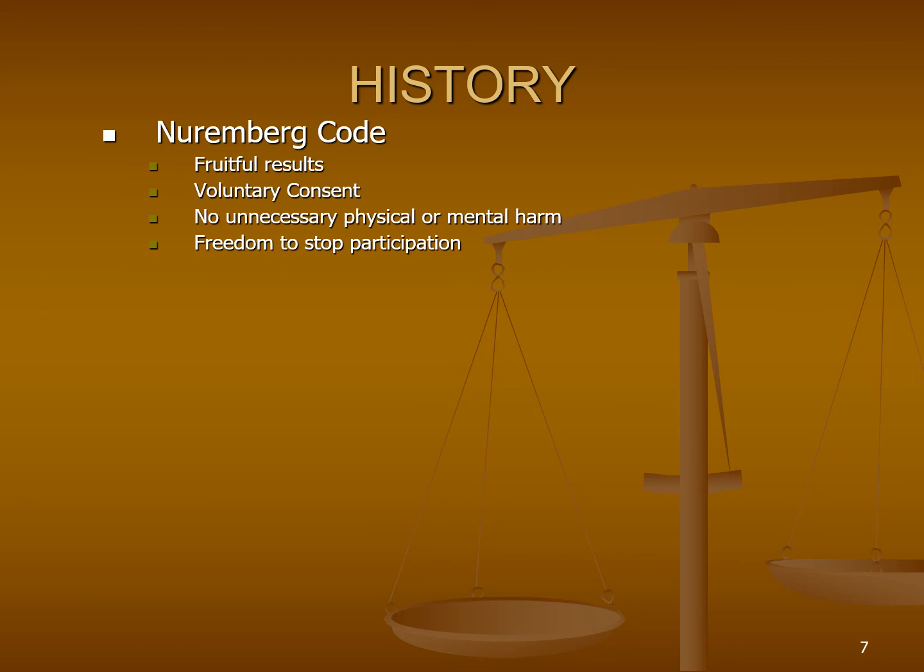So where was the important starting point, in the modern sense, of when we started to codify or define the requirements of what is quote unquote ethical when it came to research involving human subjects? A good starting point would be the Nuremberg Code.